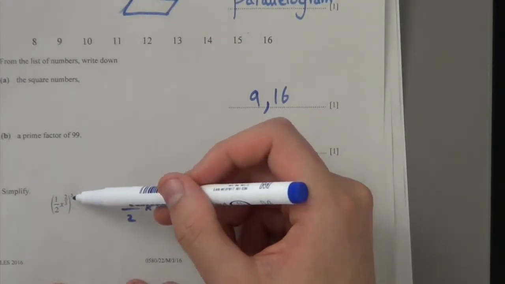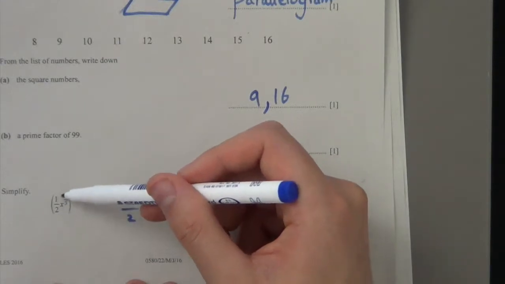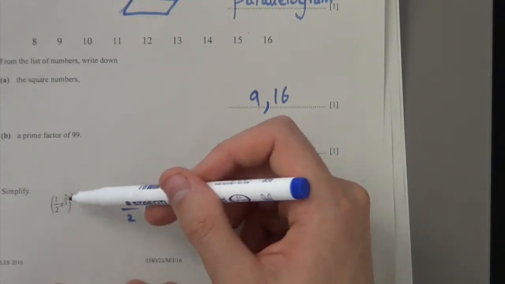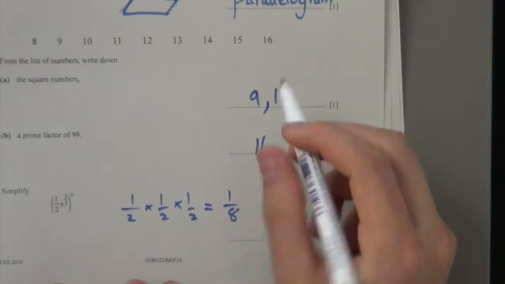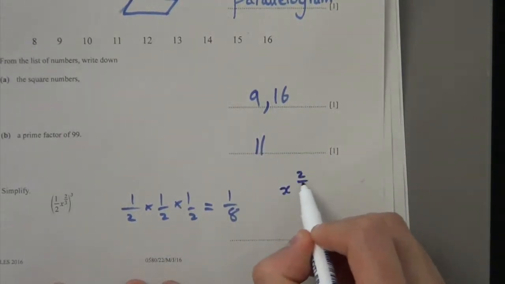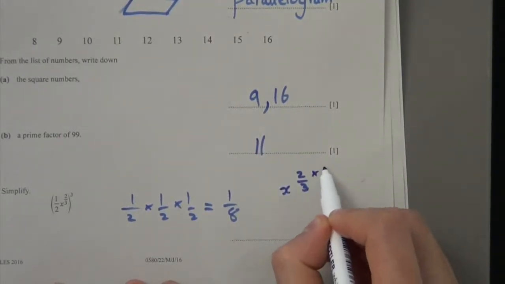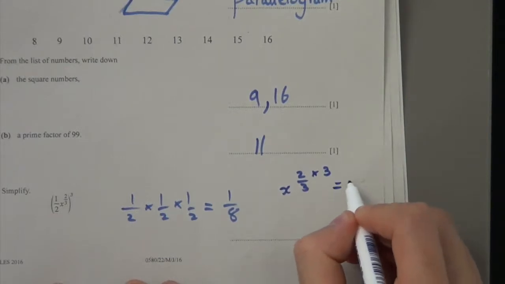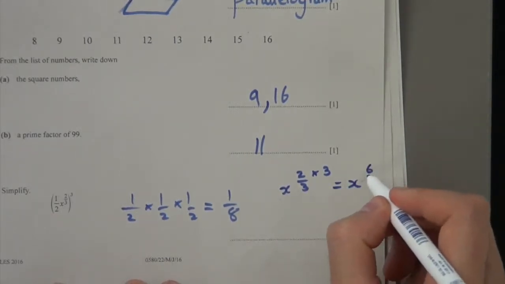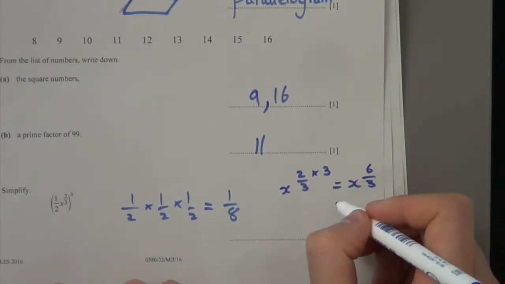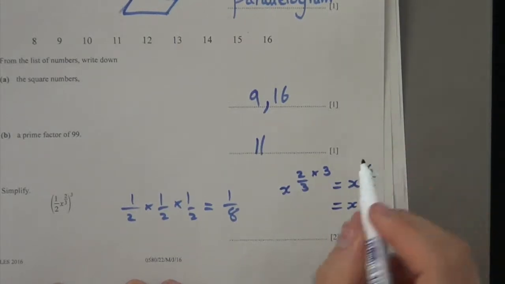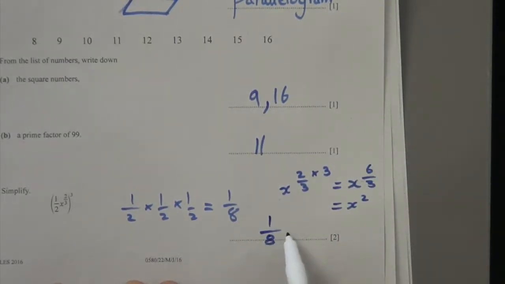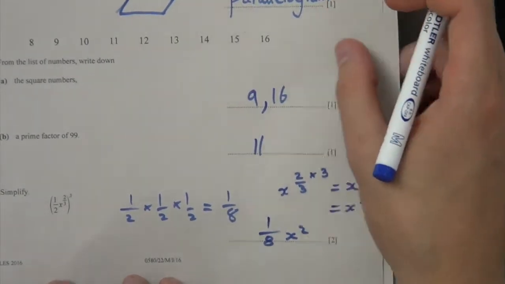Well, we need to multiply 3 times the power of 2 over 3, and that will give us x to the 6 over 3, which is x to the power of 2. The final answer is going to be 1/8 x to the power of 2. Okay, so that's how we answer that question.